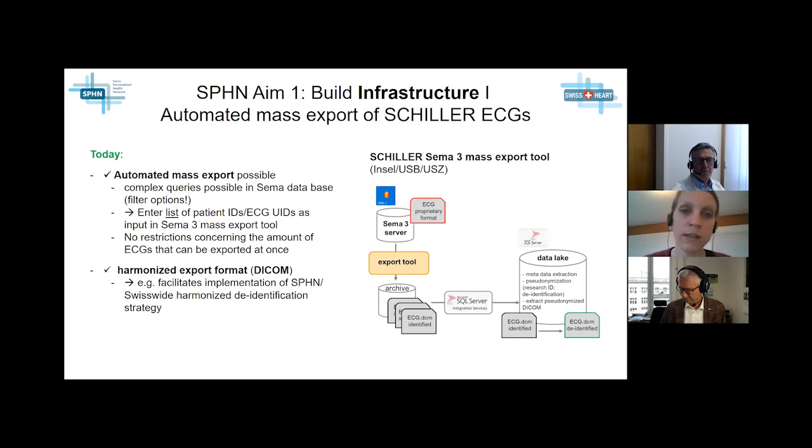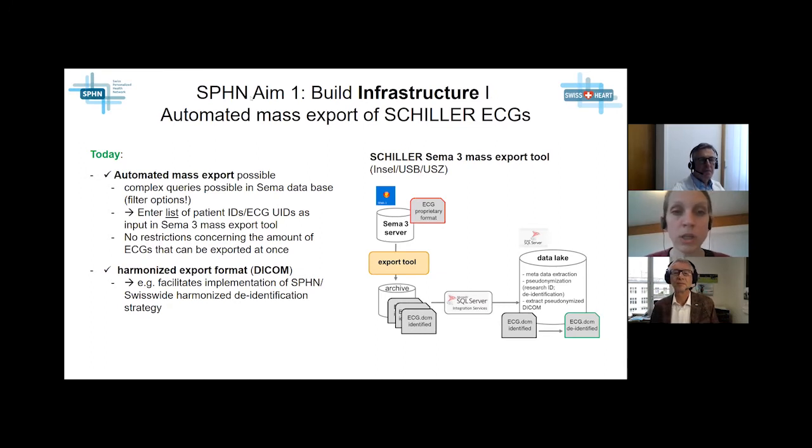Also concerning the format of the ECG extraction, I would say that we made some progress. There was quite some discussion on the most adequate export format. It was either XML or DICOM. And as you know, one aim of SPHN is also to come up with recommendations on the preferred data standard for a given data type.